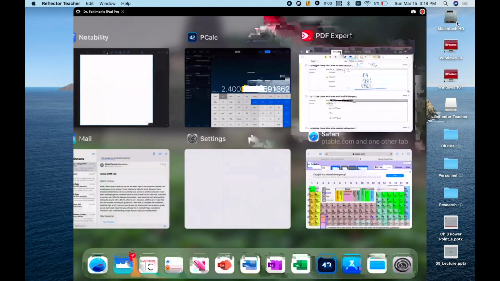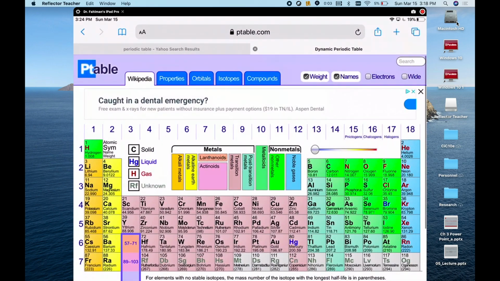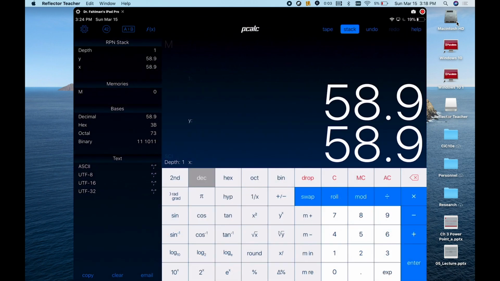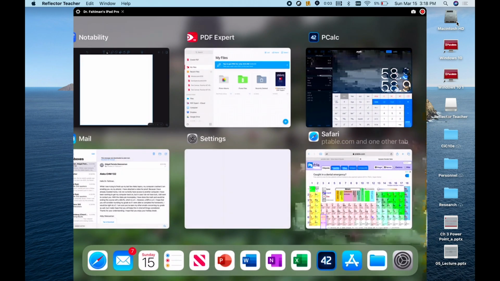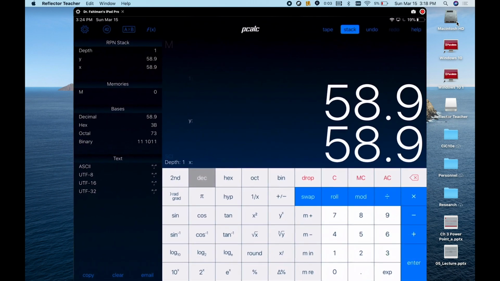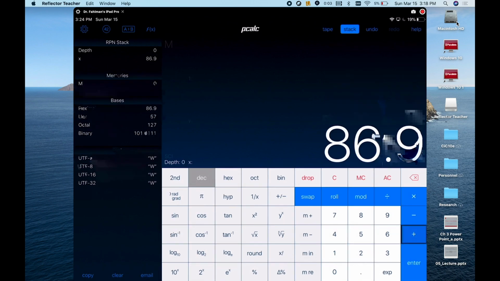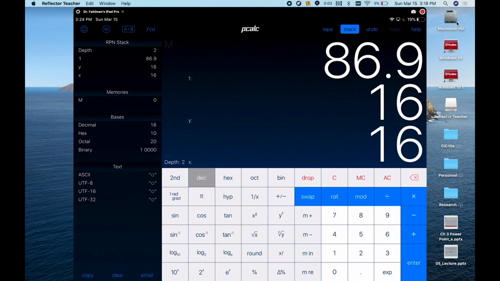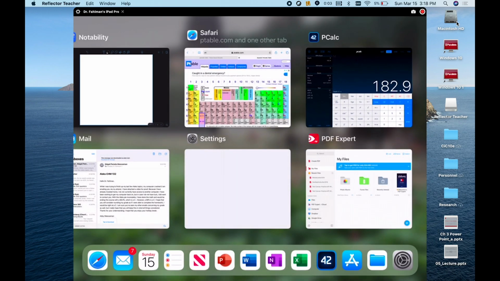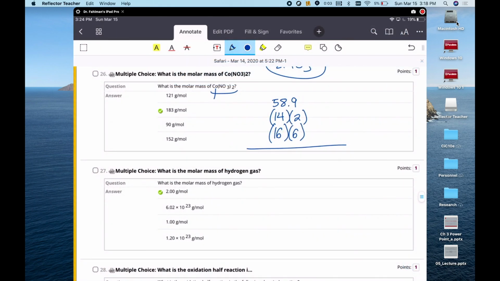So 58.9, and then we had 14 times 2 and 16 times 6. So 182.9, or 183.